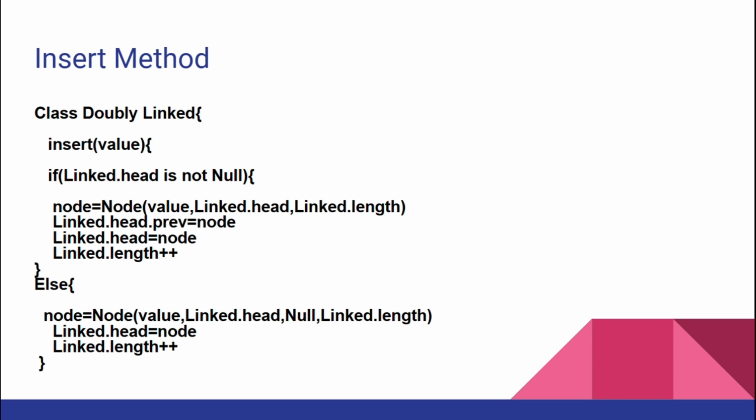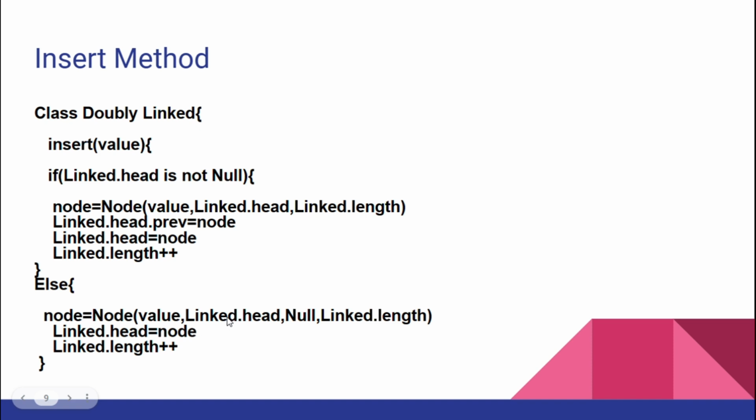we'll start with the else branch. So it says if the linked list's head attribute is not null, run this particular code snippet. So we'll be explaining what this code snippet is. We'll start from the else condition. First, it creates an instantiation of the node class, so that means it creates a node object. Then it passes in the value argument as the value attribute of the node object.